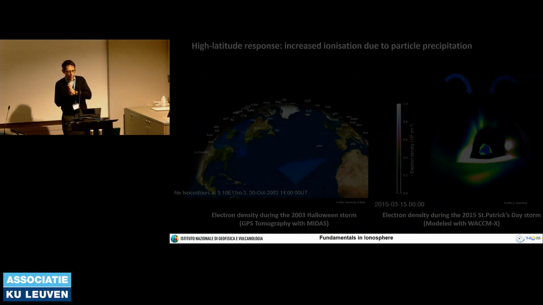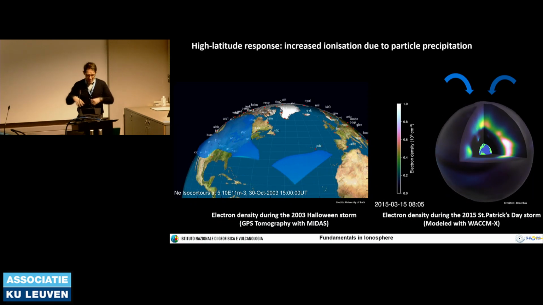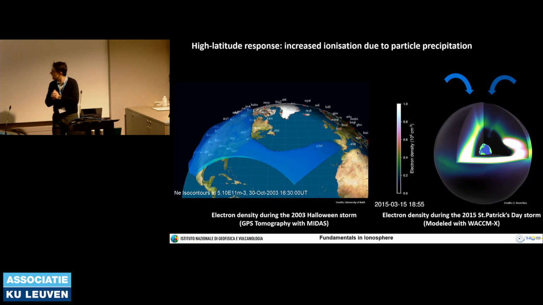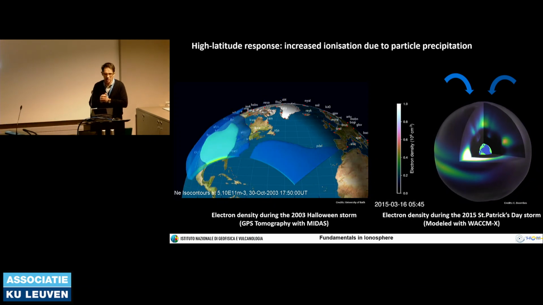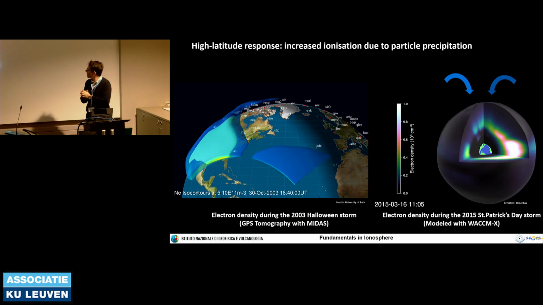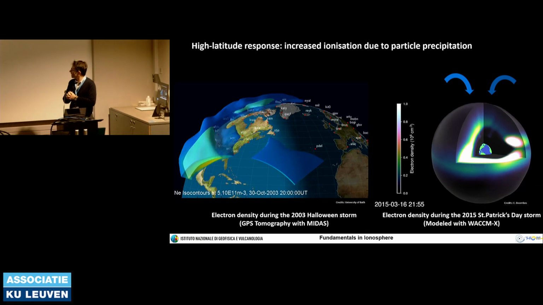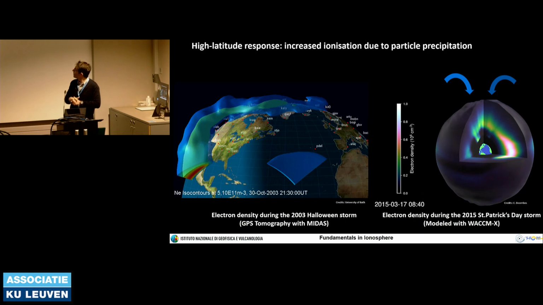So, what happens in the high-latitude ionosphere? Mostly you have increased ionization due to particle precipitation. On the left, you have the case of the electron density changes induced by the 2003 Halloween storm. On the right, you have a model which depicts the electron density variation during the 2015 St. Patrick's Day storm.